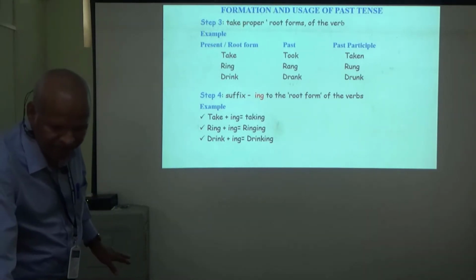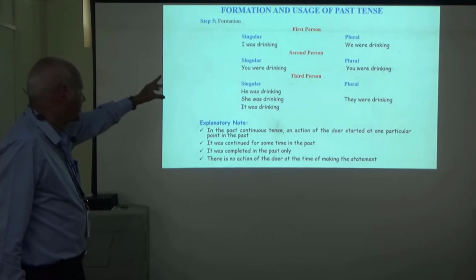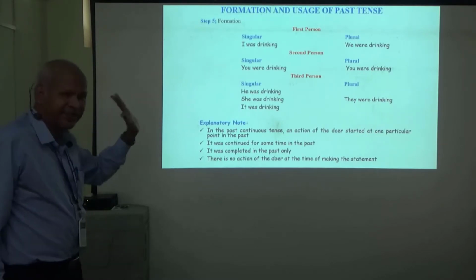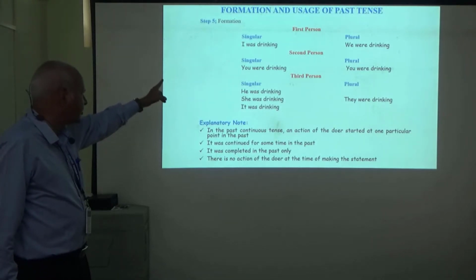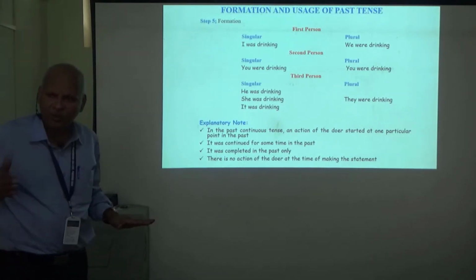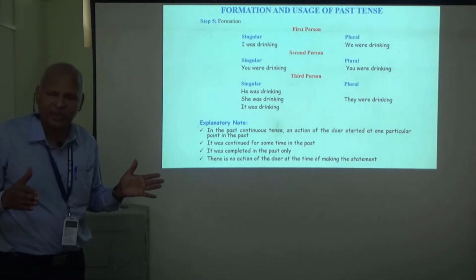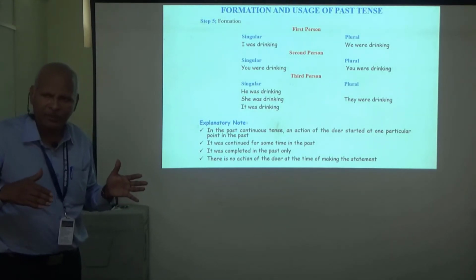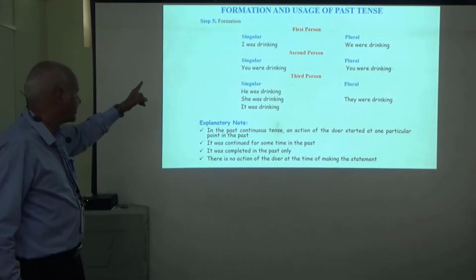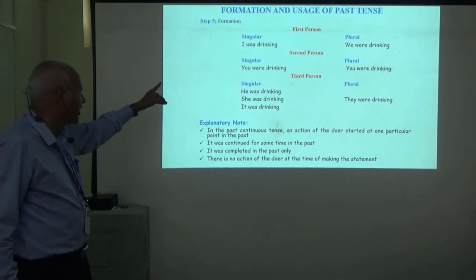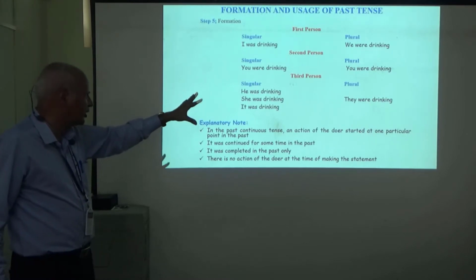After this, we are now going to the fifth step, formation of past continuous tense. You see, first step we have taken personal pronoun I, to be form we have taken was, third step we have taken root form of the verb, fourth step we have suffixed ing to the root form, then fifth step we are now forming, saying that I was drinking, we were drinking, you were drinking.